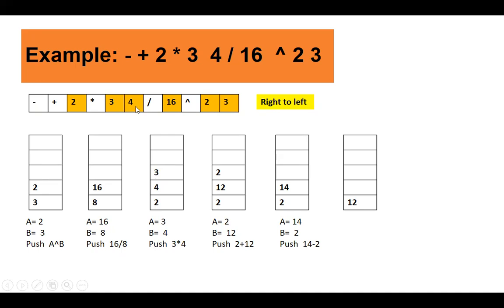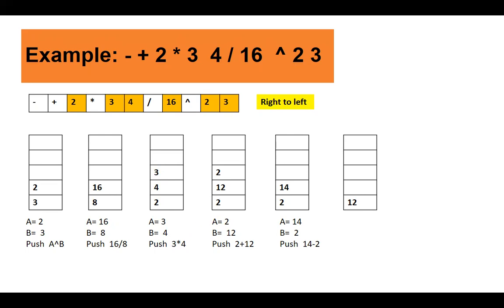Now next what you read is 4, which is an operand, so just directly push it onto the stack. 3, again an operand, directly push it onto the stack. Now what you read is an operator. So you'll pop out the 2 operands from the stack, 3 is popped out, 4 is popped out, and then the operation of multiplication, that is 3 into 4, is carried out, and the result 12 is pushed back onto the stack, right?